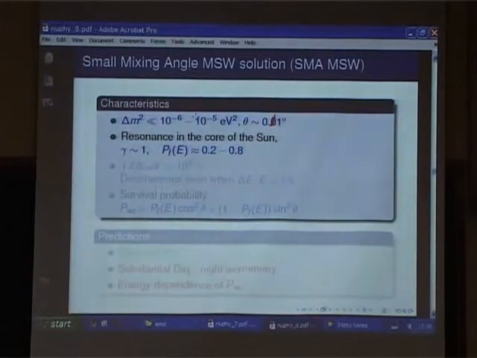Therefore, we now have to worry about gamma, the resonance adiabaticity. So before we go ahead, let me show you one feature of this. So remember, we had our P_F. P_F was nearly e to the power minus pi by 2 gamma. Gamma was delta m square by 2E times something.